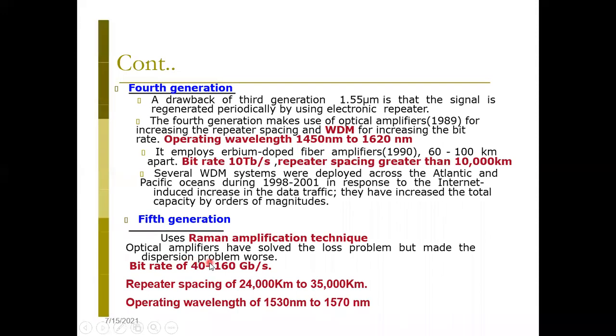But keep in mind that the pulse is dispersed, it is broadened, and I need to solve that particular problem. So this was the introduction to the 5 generations of fiber optics.